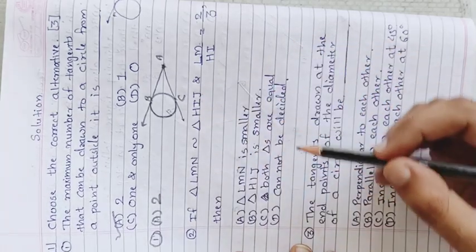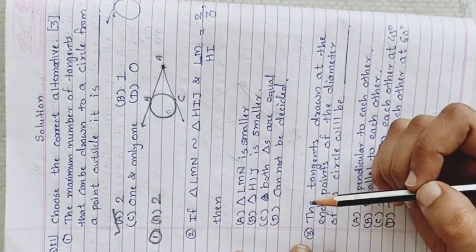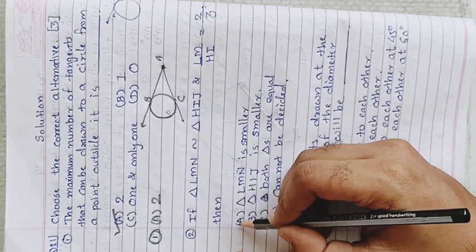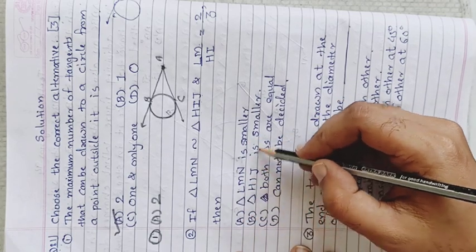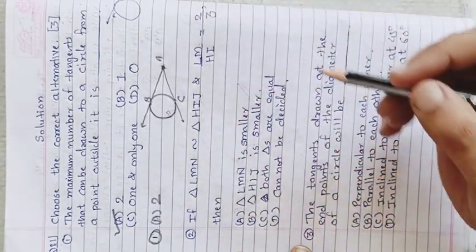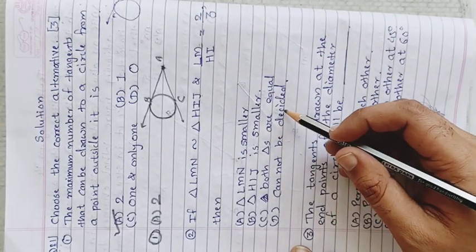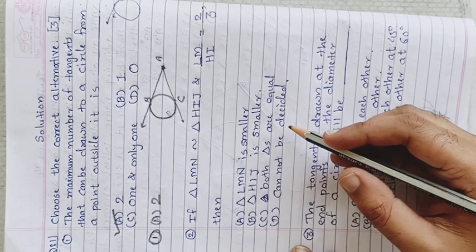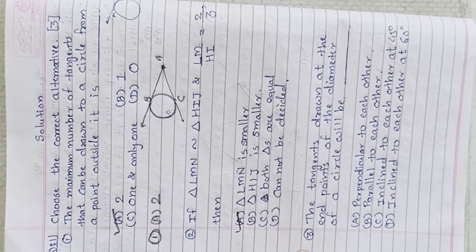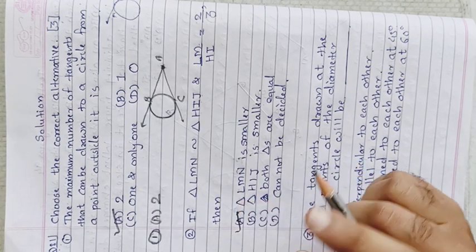So what do you think about LMN? LMN is smaller, which is true. HIJ is smaller, which is false. Both are equal is not possible, because the ratios are not the same. It cannot be decided is also wrong because we can decide. So first, triangle LMN is smaller. If you have written this, you will get 1 mark.